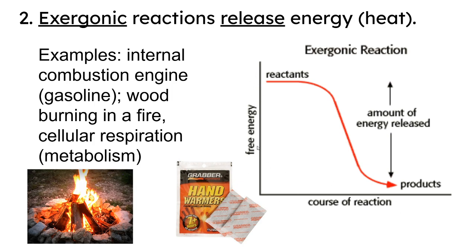And then over here on the y-axis is the free energy, or how much energy the things in the reaction have. The reactants are the things in the very beginning, before you actually do the reaction. They're going to be at a higher energy state than the products, or the stuff at the end of the reaction.